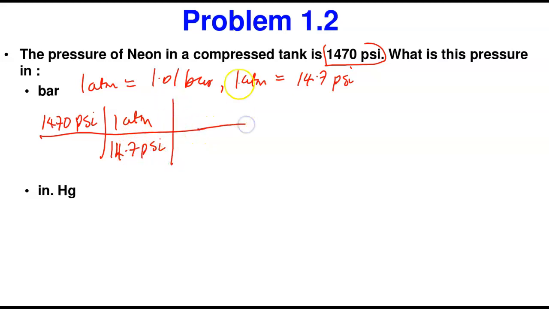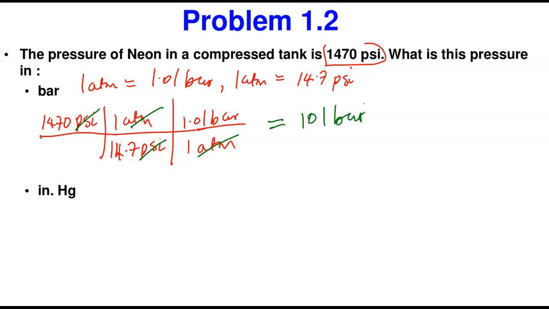And if I cancel this and this, now I want to convert it from atmosphere to bar, and I'll use this unit. I want it to be in bar, so my bar is going to be on top. 1.01 bar, then 1 atm. And if I cancel this and multiply everything together, it's going to give me 1.01 bar.